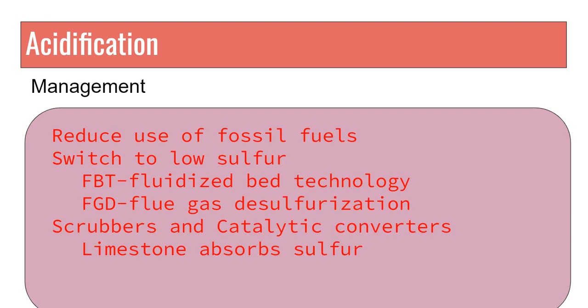So what can we do about this problem? Well, the obvious thing, of course, here's your ecocentric solution, conservation. Well, let's reduce the use of fossil fuels. Here's your technocentric, right? We could switch to low sulfur. So there's a lot of factories now that put on devices, and those devices are actually called scrubbers, and they clean out the sulfur before it gets pumped up to the air.